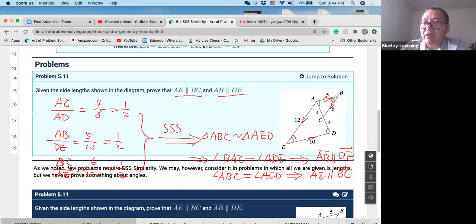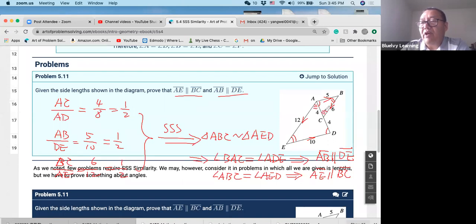See, this angle is also alternate interior angles, right? So you can also use, this angle equals this one equals this. So then you can get this angle will equal this angle, right? This one will equal this.